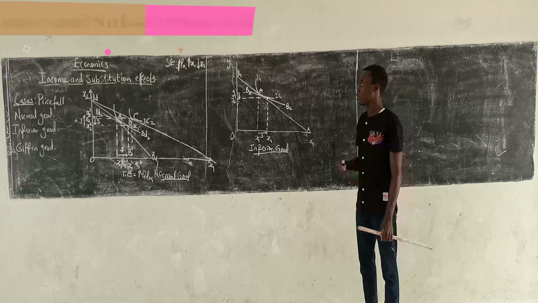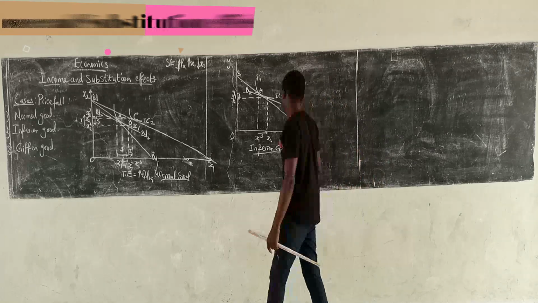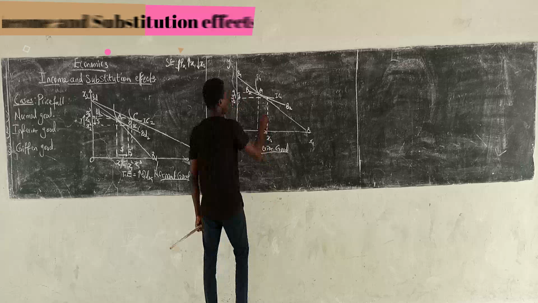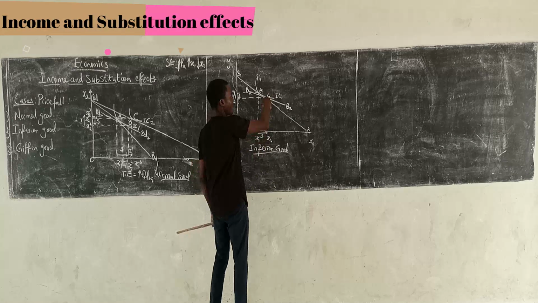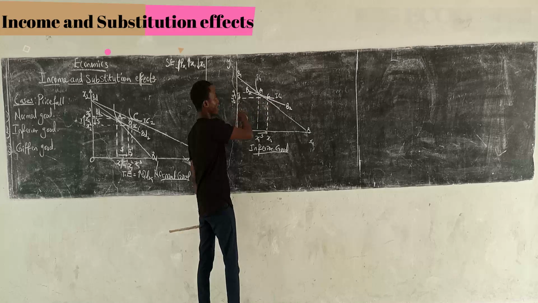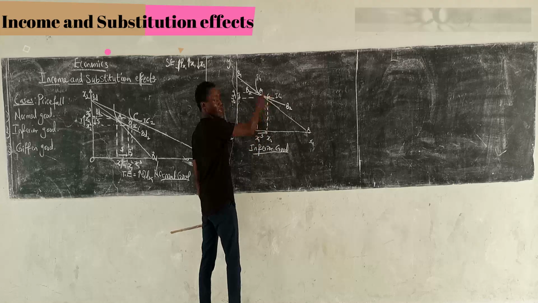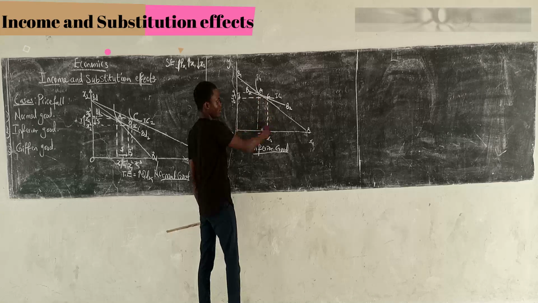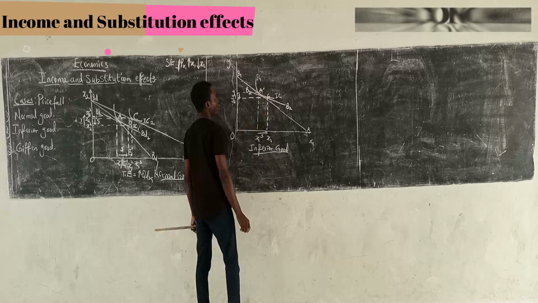So the consumer buys less of this inferior good and more of the normal good. The consumer is already at this point, I'll call point C. So the consumer buys less of the good here and more of the Y. Less of this would mean that they are coming inside X2 and then going higher to buy the other commodity.